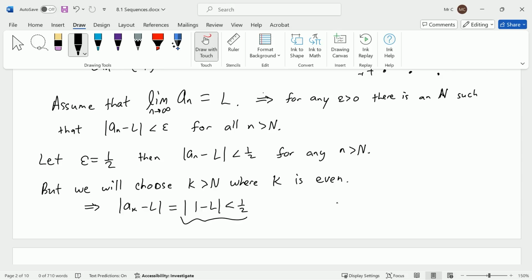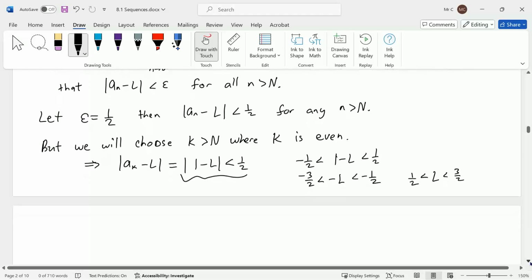The way I solve that is I set 1 minus L between negative 1/2 and positive 1/2. I subtract 1 from both sides here. I get negative 3/2 is less than negative L is less than negative 1/2. And if I multiply everything by negative 1, I have to flip my inequality around, and so I get L is between 1/2 and 3/2.